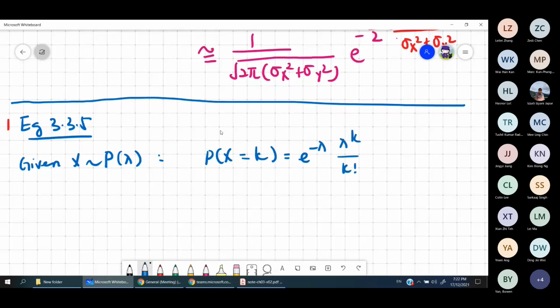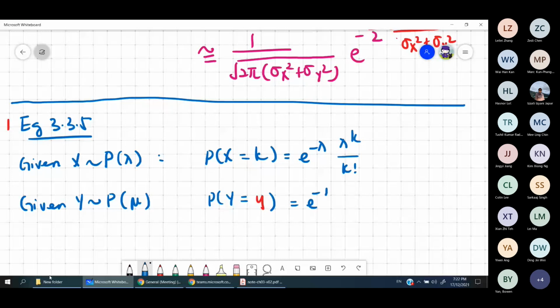Also given y is Poisson with mu, so P(Y = y) will be e to the minus mu, mu to the y over y factorial.